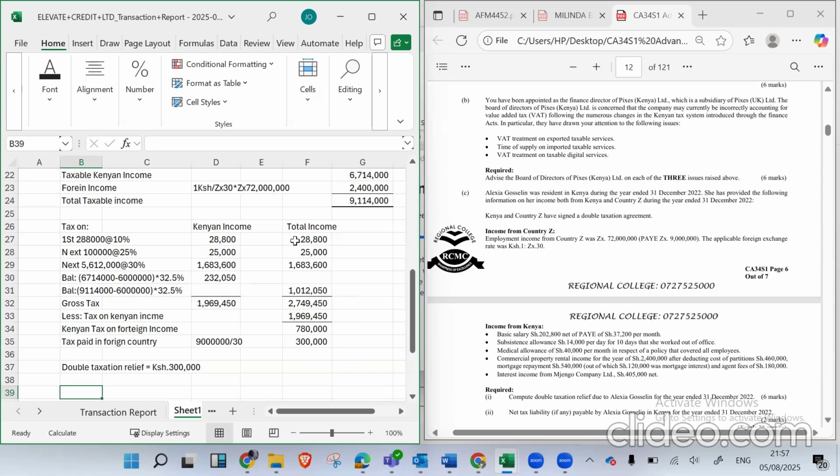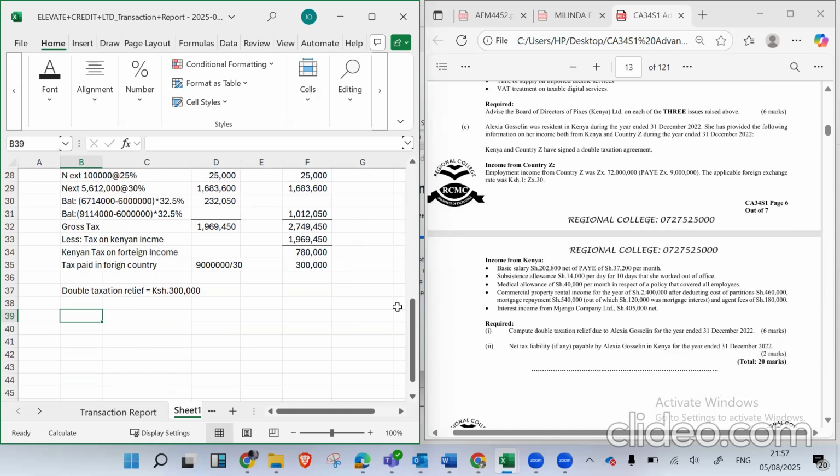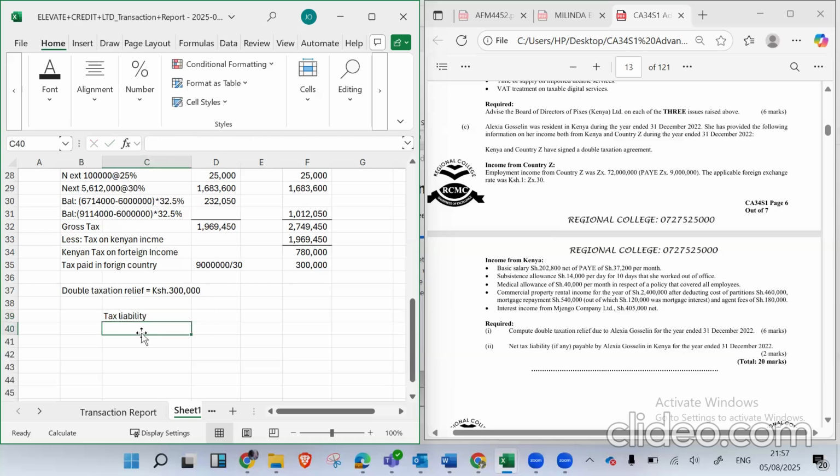Hope that makes sense. Now, part 2, they asked about the net tax liability. So you can talk about tax liability. So you have the gross tax. Gross tax on total income was this one.